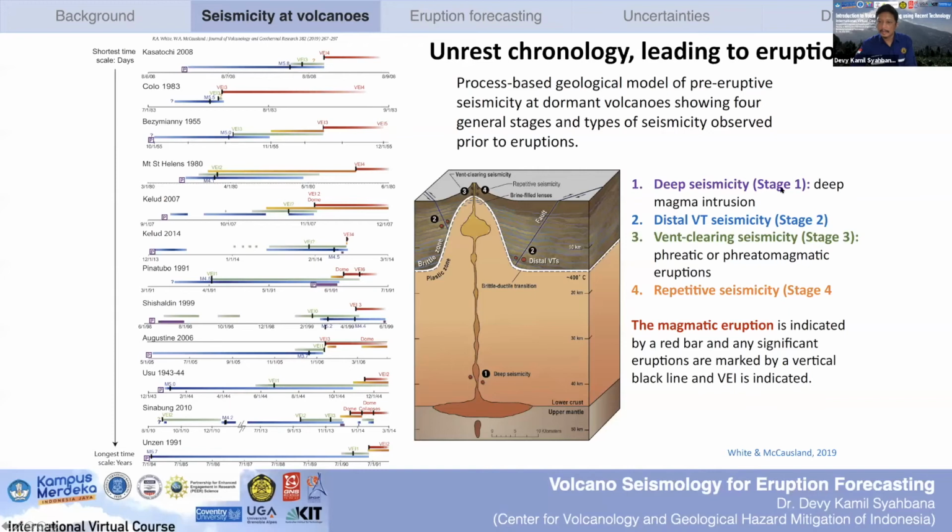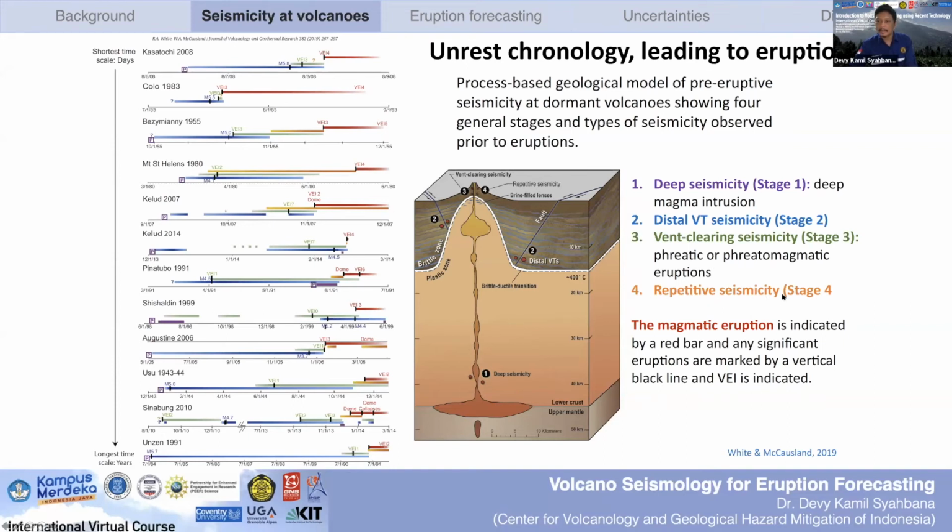You have deep seismicity, stage 1, distal VT seismicity, stage 2, and then the vent clearing seismicity, stage 3. It can be in the form of phreatic or phreatomagmatic eruptions, accompanying the shallow VT, accompanying the LF tremors. There could already be some phreatic explosion.